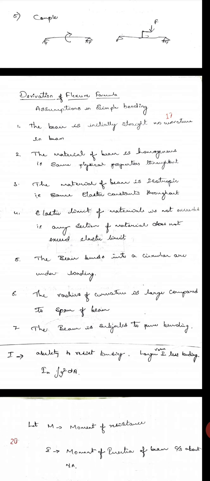Third one, the material of the beam is isotropic. That is, same elastic constants throughout. It means that it should have the same Young's modulus, same modulus of rigidity throughout the beam. There should not be any change.